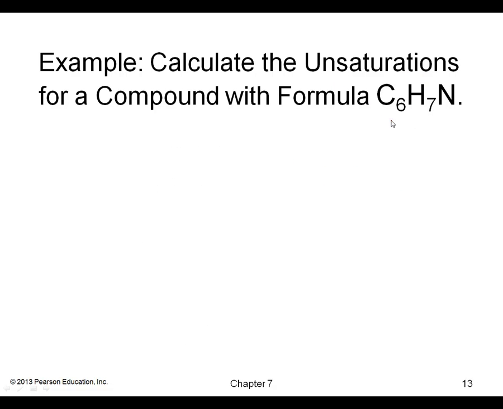Suppose we had nitrogen now in the molecular formula. Nitrogen, N, stands for negative, so I have to subtract from the hydrogen count. So this thing is going to act like C6H6. Then what is the saturated case for C6? 2n plus 2, so 2 times 6 is 12, plus 2 is 14.